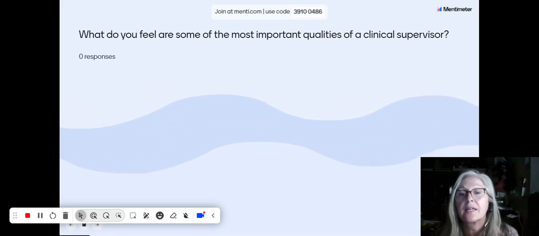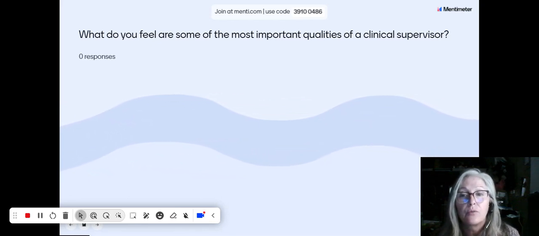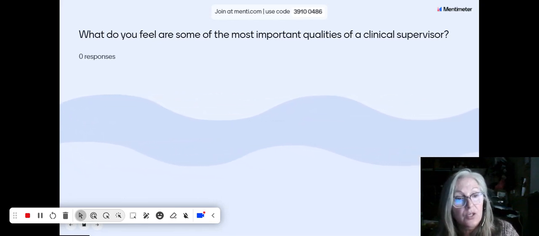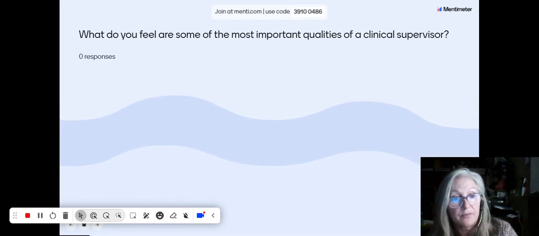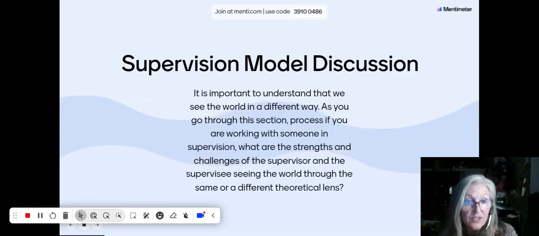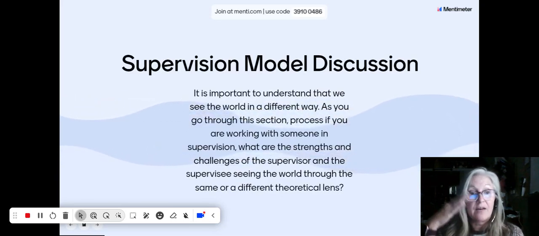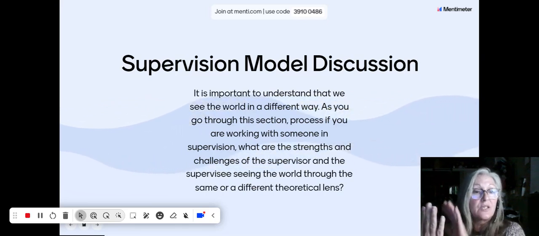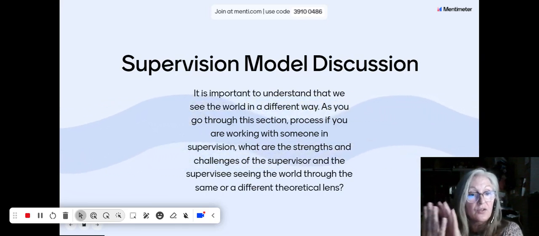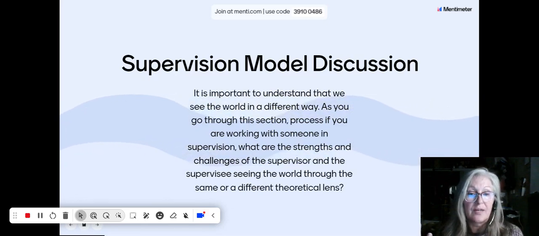One of the things that is really important is that when they started looking at models and theories to develop for clinical supervision, the realization was that just because you have an experienced clinician doesn't make them a great clinical supervisor. It's not always easy to transfer that knowledge or skill to a supervisee.